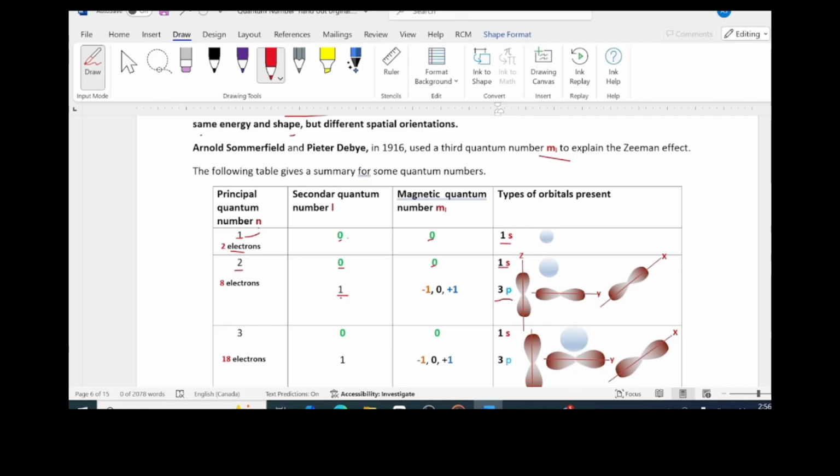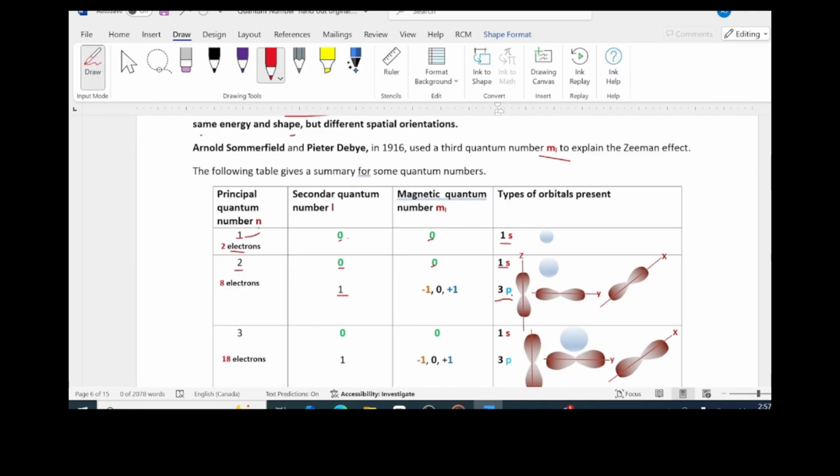But now look, because you have 3 different orientations of these orbitals, they have 3 different magnetic quantum numbers. You have -1, 0, and +1. Just like how you have those 3 conductors with current flowing in 3 different directions, it is subjected to 3 different motions, right? Because of the different direction in which the current is moving.